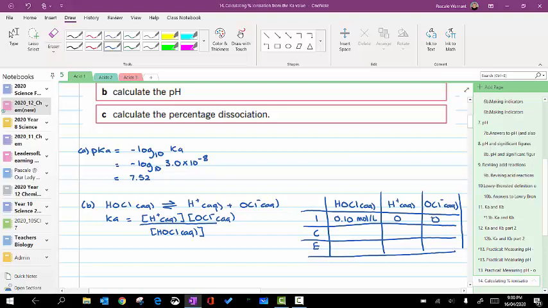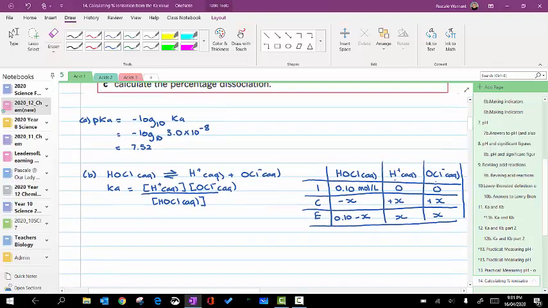Now, in the process of reaching equilibrium, X moles per litre of the acid are going to dissociate, and we're going to gain X moles of each of these ions. So by the time equilibrium is reached, the concentration of HOCl will be 0.10 minus X, the concentration of hydrogen ions will be X, and the concentration of OCl minus will be X as well.